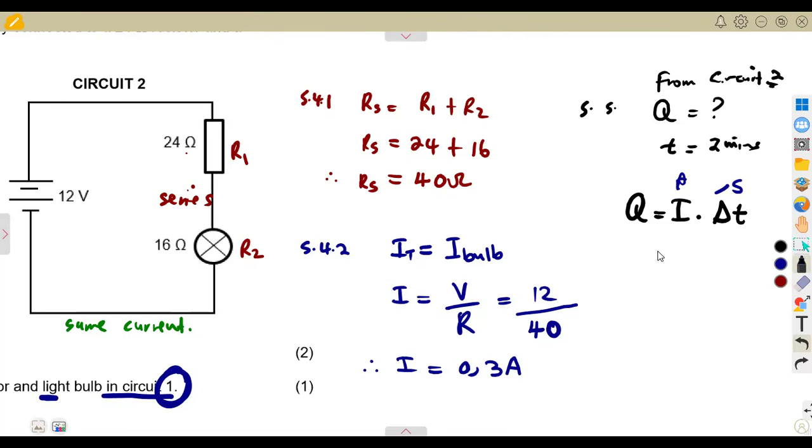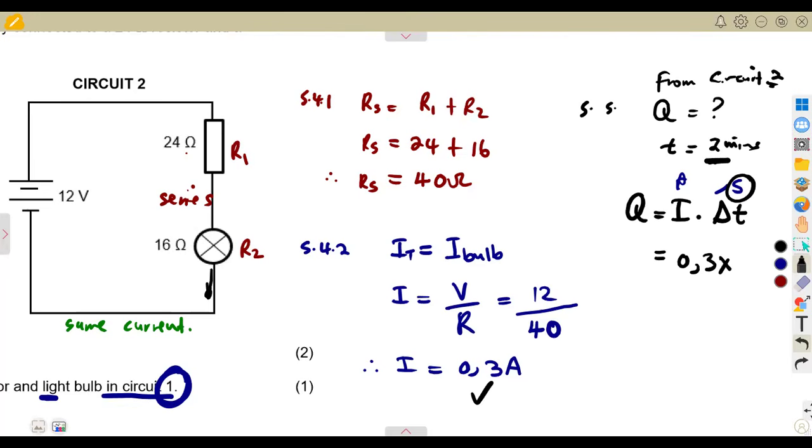The current that we need is the current across the bulb, because you are told the charge that passes through the light bulb. But because this is a series combination where the current is the same, we are going to take the current for the whole circuit, which is the total current of 0.3 times the change in time, that is the time frame, 2 minutes.